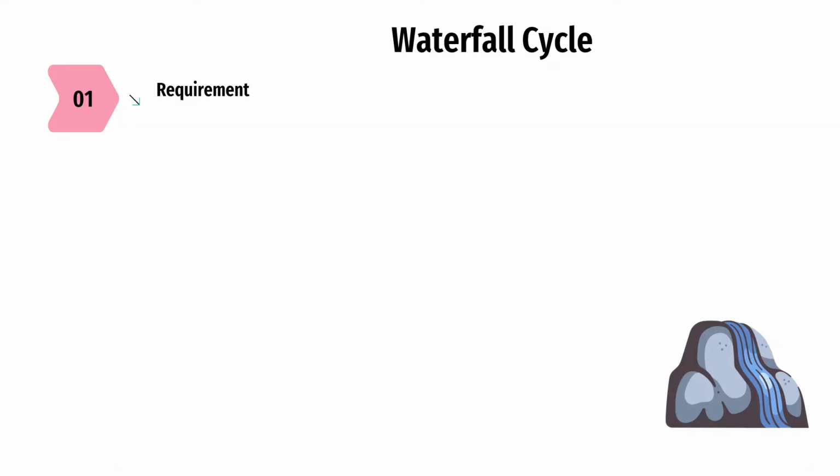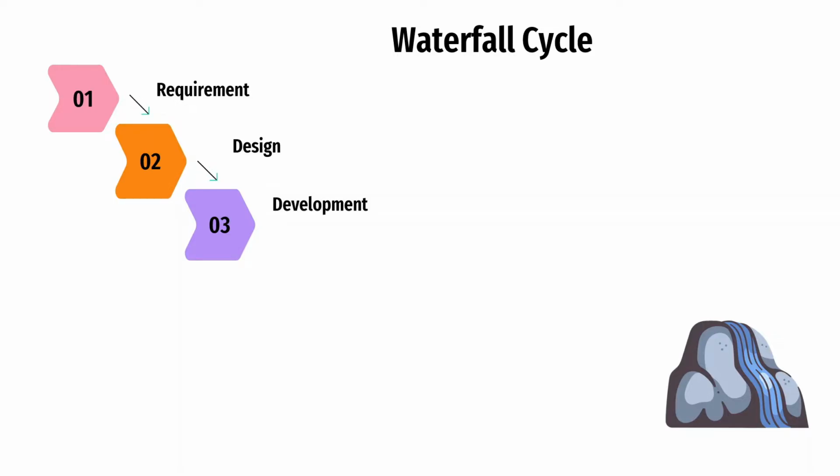The first phase is requirement, the stage where the initial requirement is analyzed, followed by the design stage. In the design stage, all the initial project timeline and project-related details would be done. Then, followed by development, this is where the developers perform the coding actions.